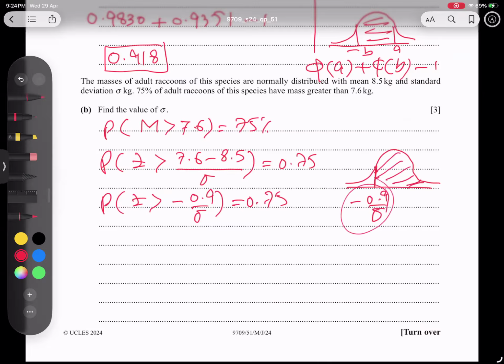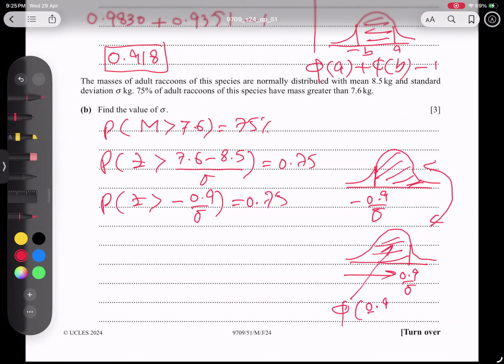But we don't have this kind in the table, so we can go to the same diagram. If I make it the positive side, it becomes 0.9 over sigma in this area, and this probability is always the same. So from the left corner it is phi of 0.9 over sigma. I'm writing here phi of 0.9 over sigma equals 0.75. Okay, this is clear.